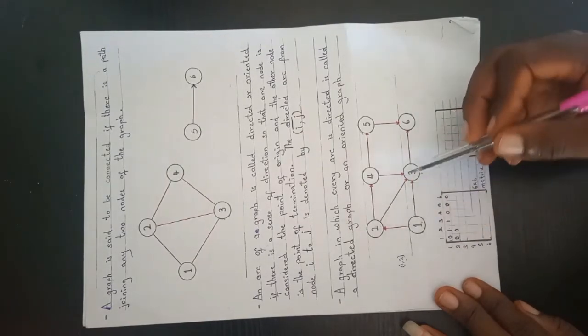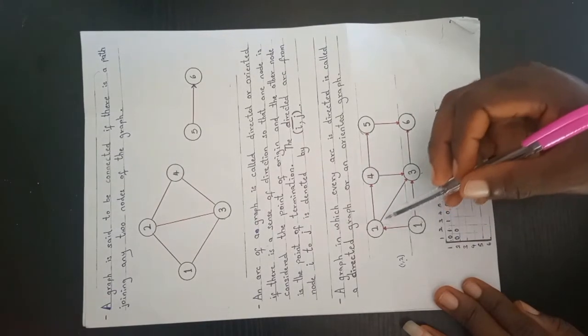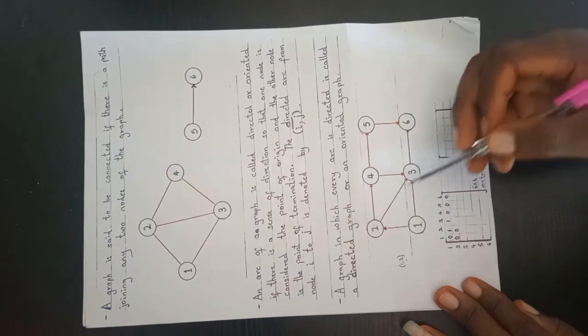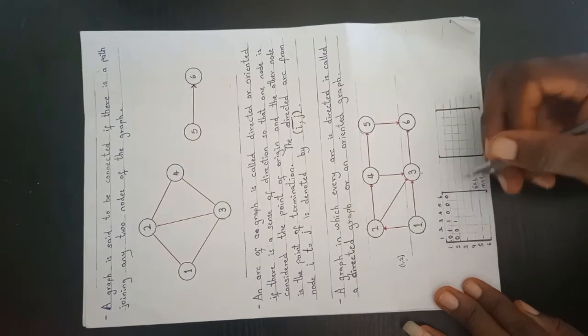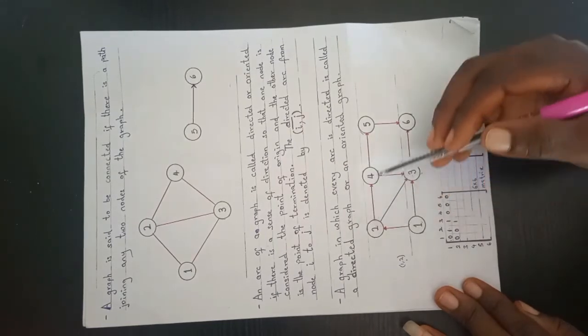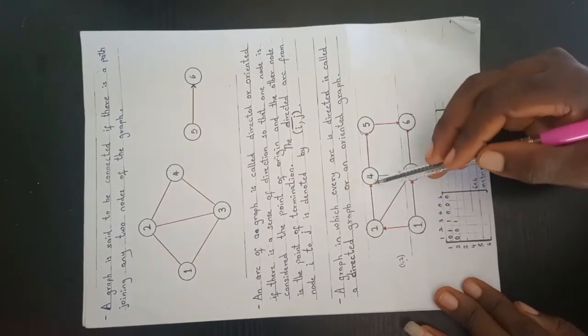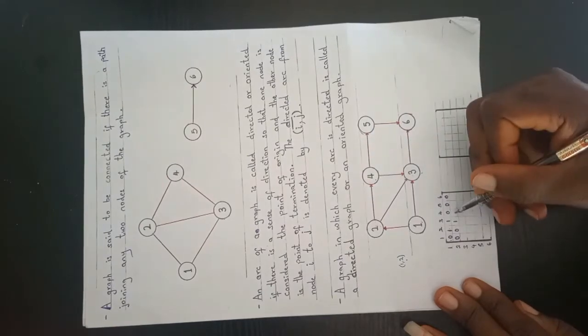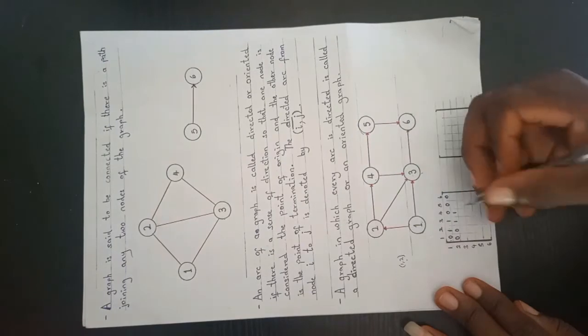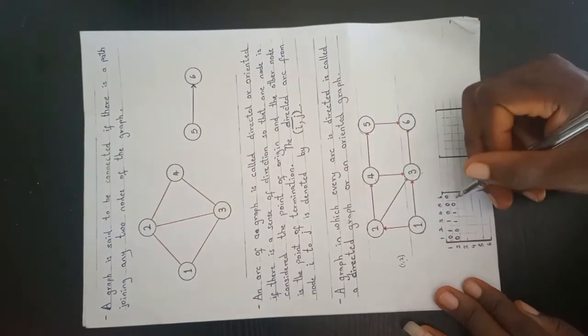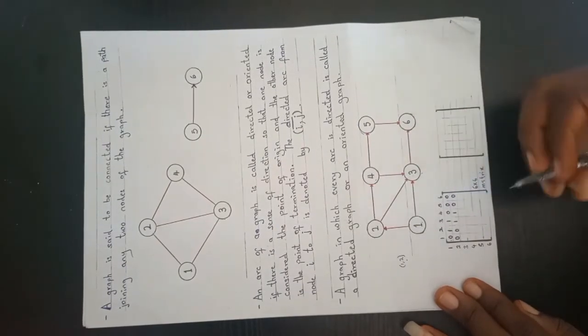Yes, there's an arc connecting 2 and 3, and this arc is flowing this way. And so we have 2, 3 here, which is 1. And then we check for 2, 4. This arc can be represented with 2, 4. And so we have 1 here. Is there any connection between 2 and 5? No. So we have 0 here, and 2 and 6 we have 0.